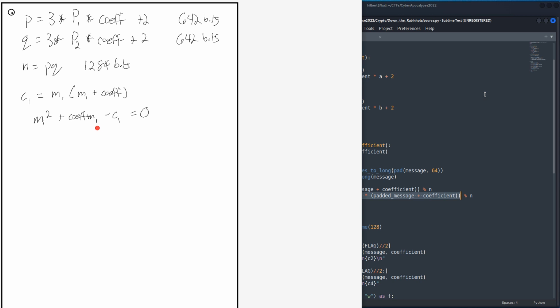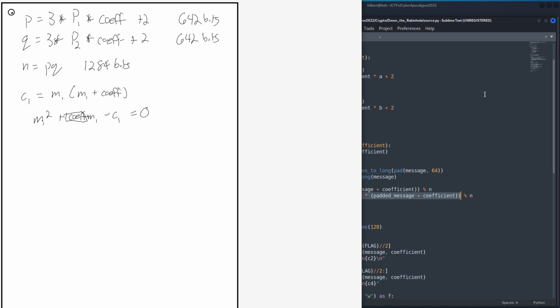So since we're working over the integers, if we knew what the coefficient was, we could just solve this equation with the quadratic formula, essentially.